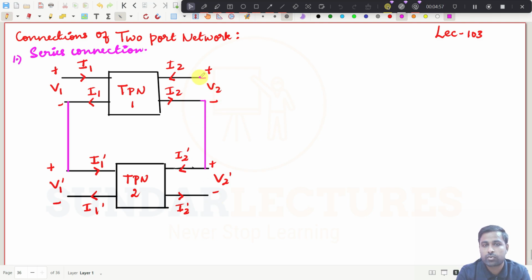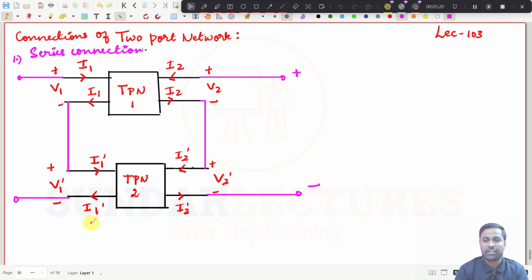And you have to take the output from here, from this point, here and here. These are the two ports now. So plus, minus, this is the output. The input will be given through these two now. Try to understand.